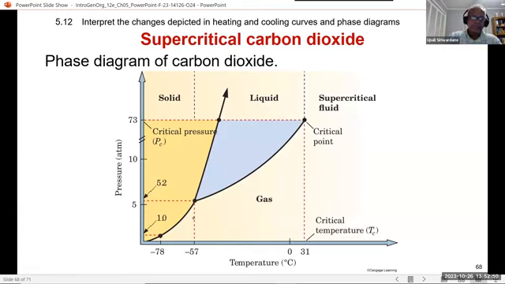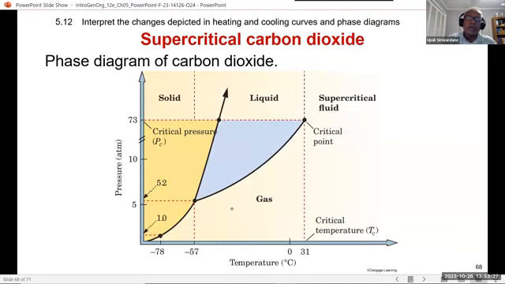For carbon dioxide, the phase diagram is different. Its boiling point is at 73. Boiling point is the liquid to gas transition.